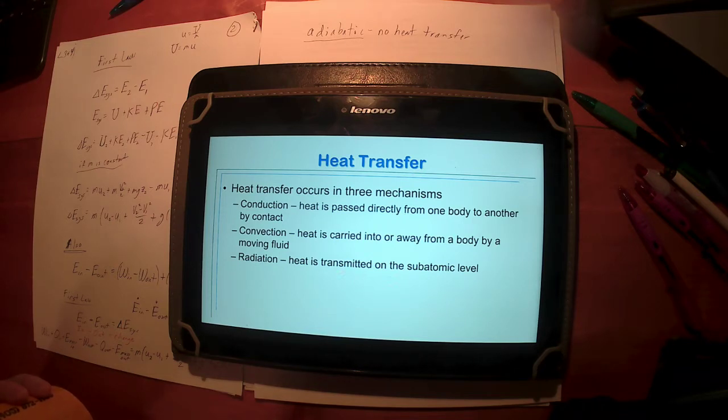But that doesn't mean we can't talk about the basic theory behind heat transfer, right? So the basic idea of heat transfer is it occurs in one of 3 ways. You have conduction. Conduction is where one molecule or one atom or one particle passes energy directly to the particles next to it. So you've got one excited atom, we'll say, and that atom gets excited and starts bumping around and oscillating and jumping back and forth, and that bumps into the atoms next to it, and that gets them excited.